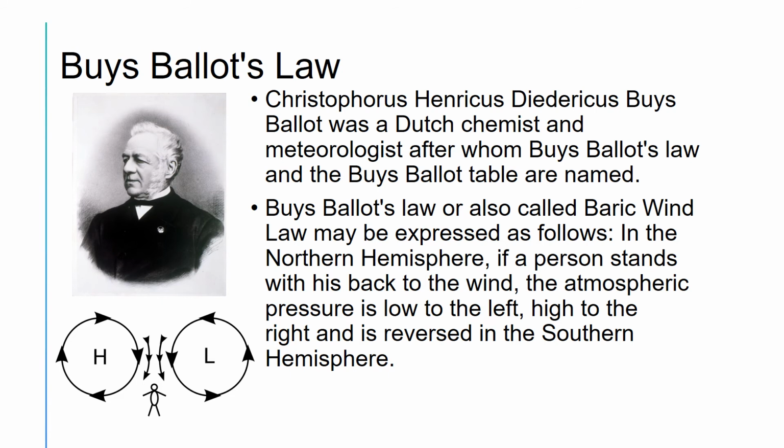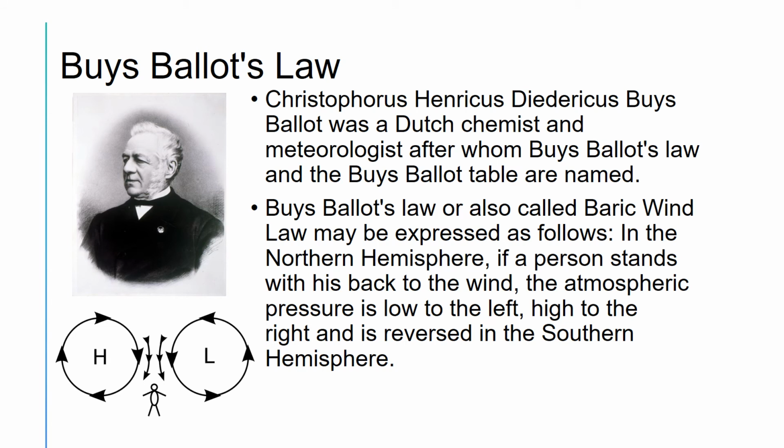So, ito yung dapat matandaan: in the northern hemisphere, if a person stands with his back to the wind, the atmospheric pressure is low to the left, high to the right, and is reversed in the southern hemisphere. So, ibig sabihin, kapag gusto nyong malaman kung nasaan ang high pressure and low pressure sa area nyo, kung kayo ay nasa northern hemisphere, tatalikuran nyo ang bugso ng hangin, pakikiramdaman nyo.